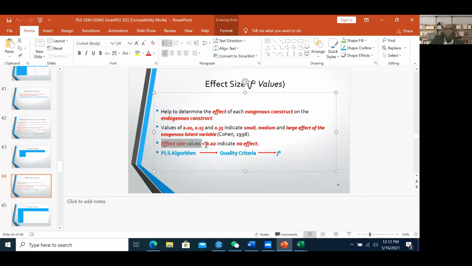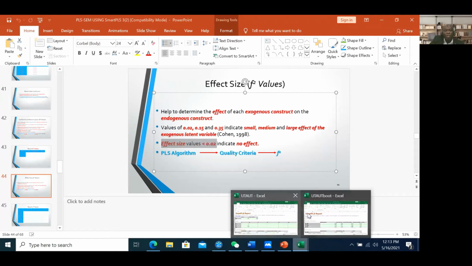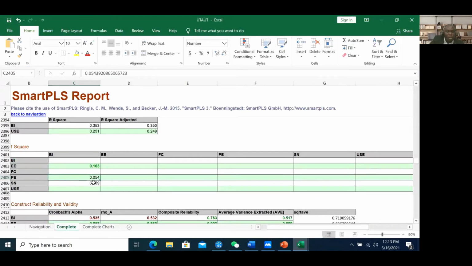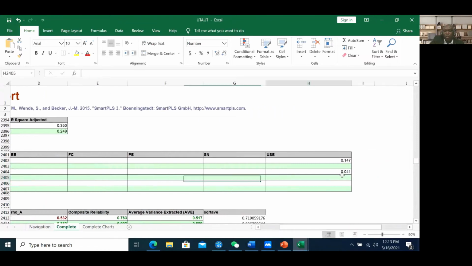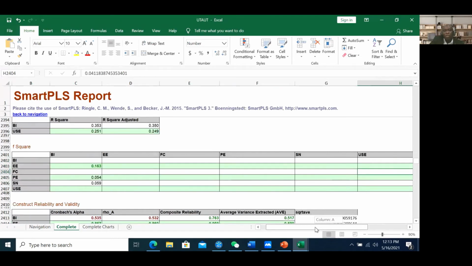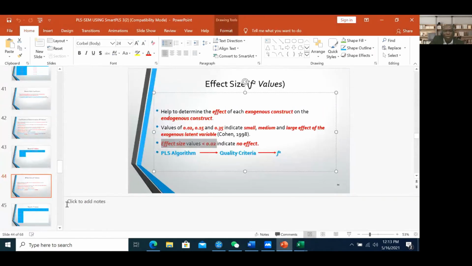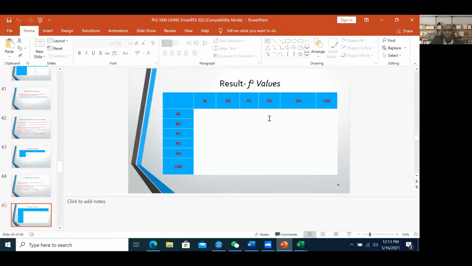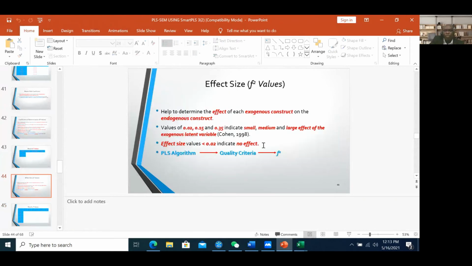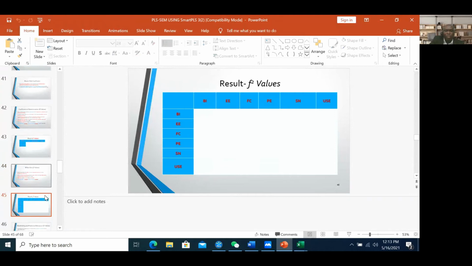So effect size values which are less than 0.02 mean that there's no effect. Okay. Great. So 0.059, 0.0, yeah. So all of them range from medium to small effects. All right. Good. So you can get that from here. This is the table for the F square. The F square. All right.